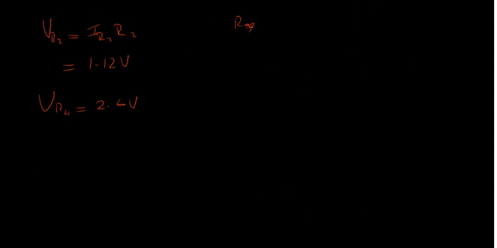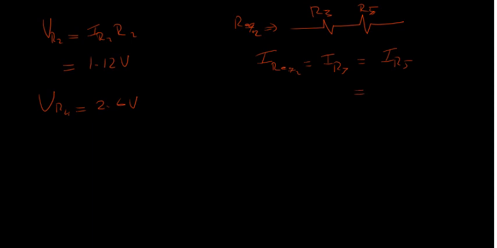Okay, now let's go to the last one, which is R equivalent 4. It's the combination of R3 and R5. It's repetitive of R equivalent 2 and R equivalent 1. And that's the current going through them, equal to 0.049 ampere.